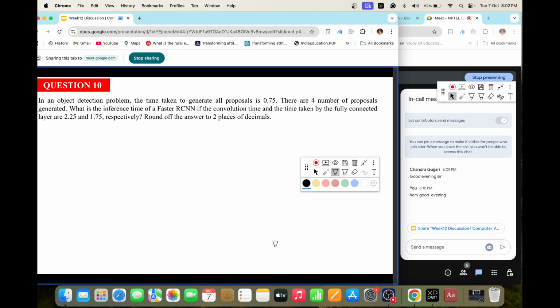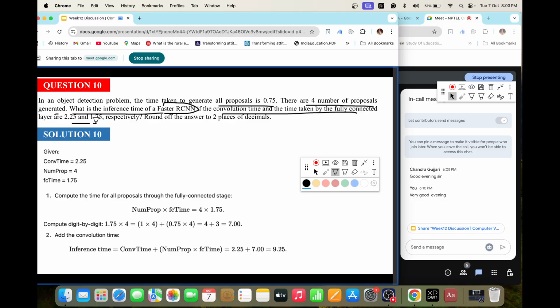Now last, in an object detection problem, the time taken to generate all proposals is 0.75. There are 4 proposals generated. What is the inference time of the Faster RCNN? If the convolution time and the time taken by the fully connected layers are 2.25 and 1.75 respectively, round the answer to 2 decimal places. So convolution time has been given, that is 2.25.